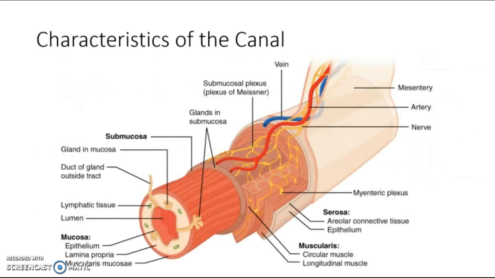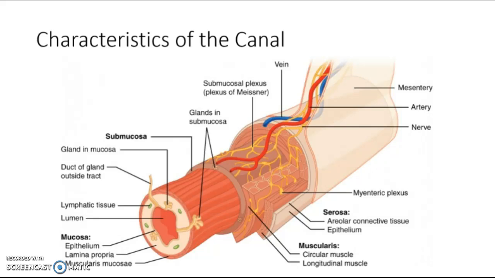So we've been talking about the alimentary canal. Let's look at the typical characteristic of the canal, which most items will have these features. But realistically, I just kind of want you to think about this in terms of the small intestine. So there's different layers to the alimentary canal.